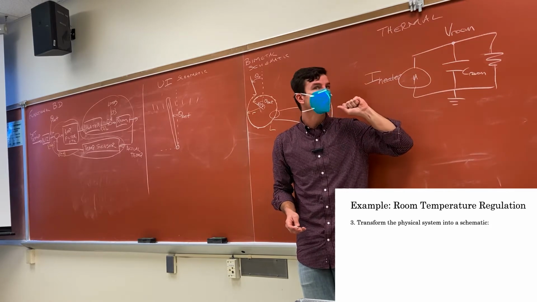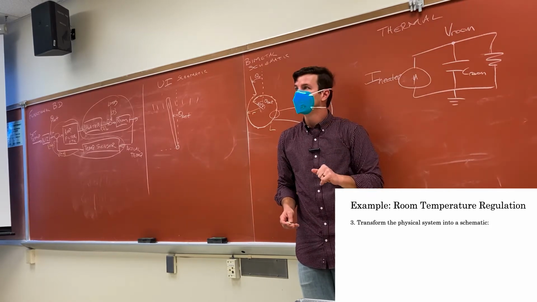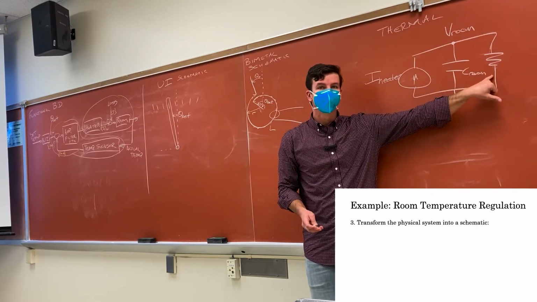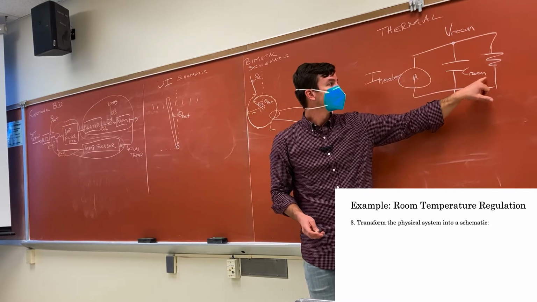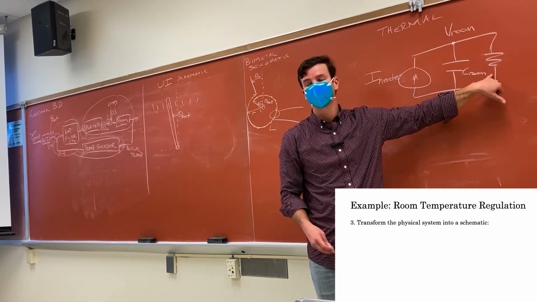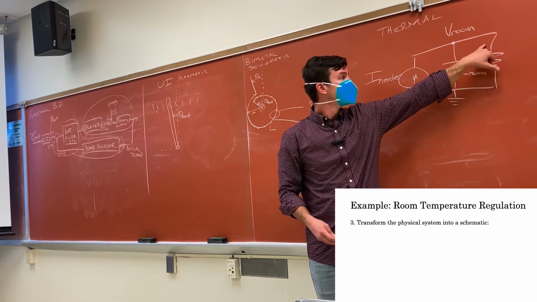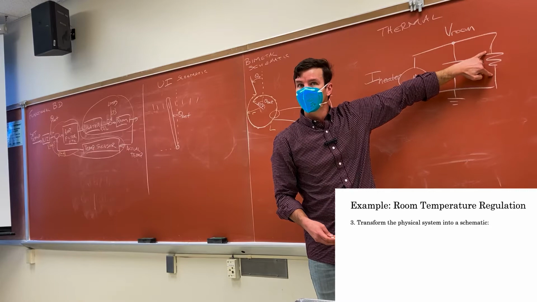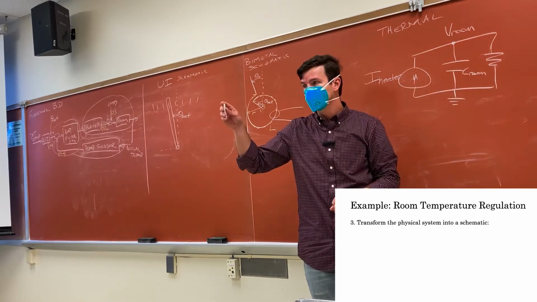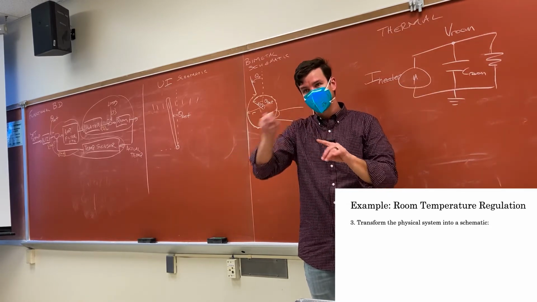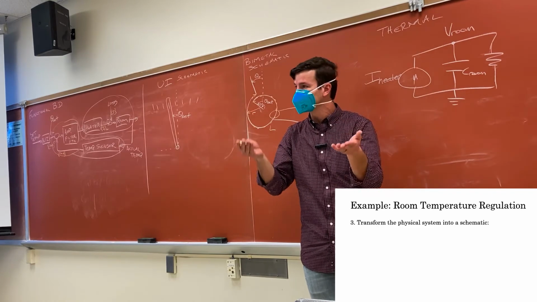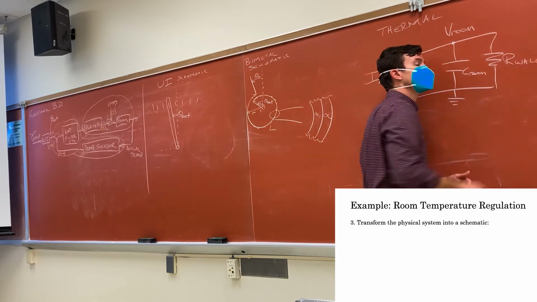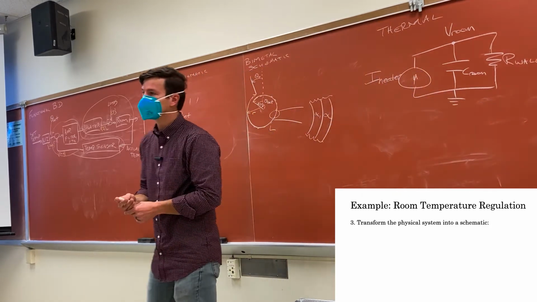A resistor drops voltage, or rather passes through heat. Sorry, I'm mixing up my own analogies. The resistor passes current based on the difference in voltage across it. That's kind of like what a wall does. It transmits heat based on the difference in temperature across it. So this is more like the natural insulation of the wall.